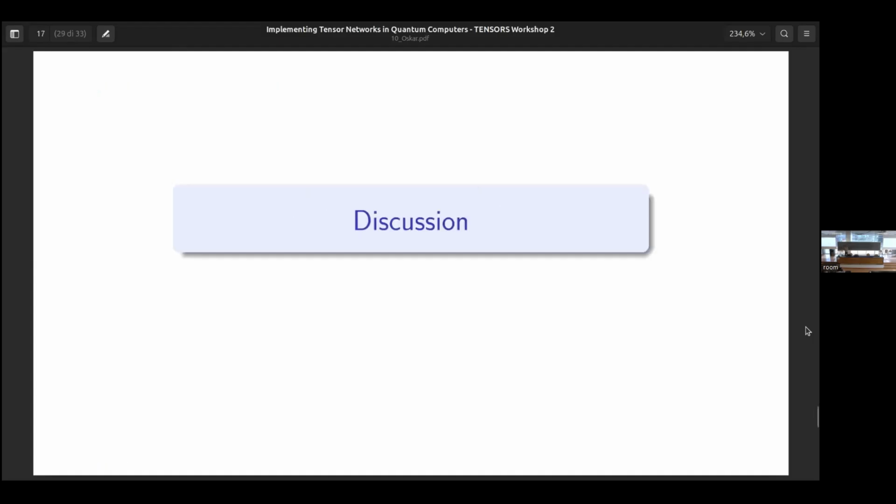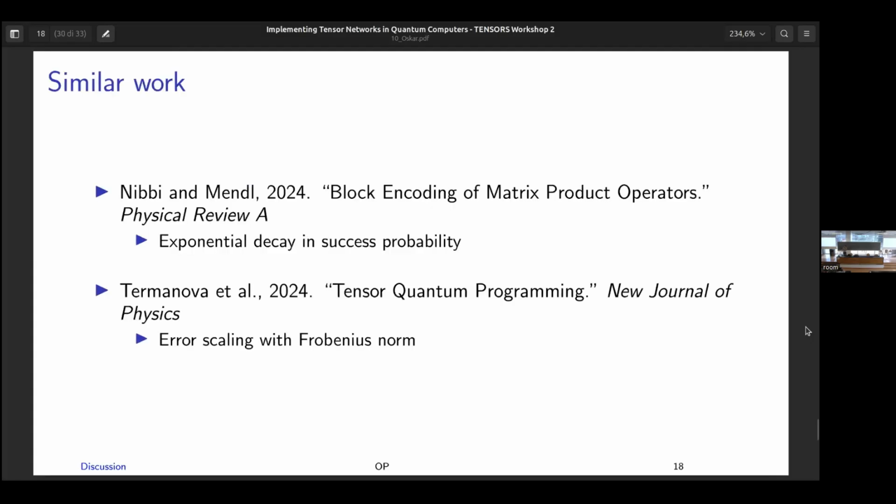And now let's come to the final part. What are similar works that have already been done? There are two works that I know of. One is block encoding of matrix product operators, which was done in 2024. This also shares this exponential decay in success probability in the general case. And there's another paper, which is tensor quantum programming, where they encode still the MPO.